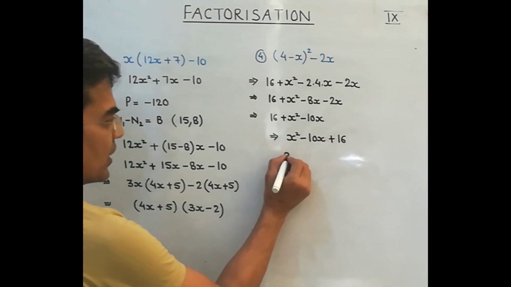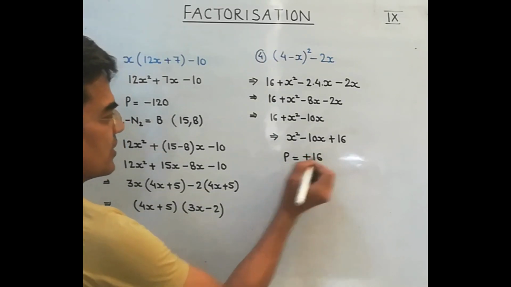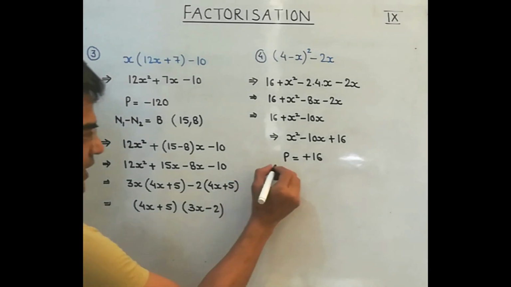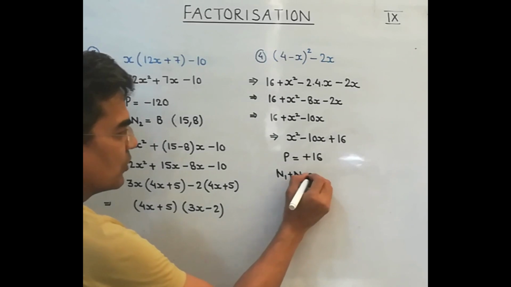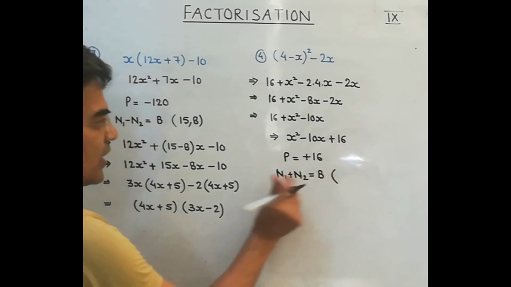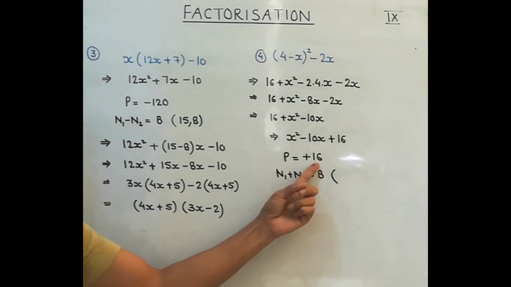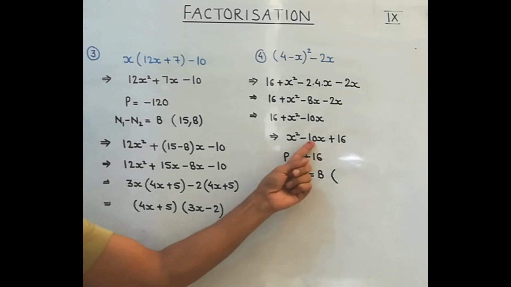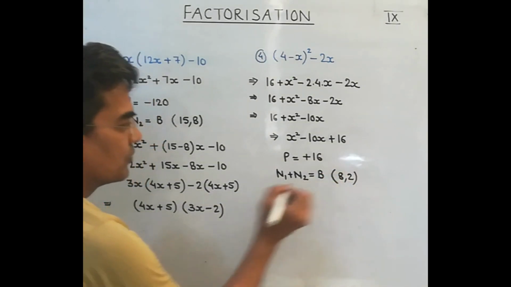So what will be the product here? The product here will be plus 16. Now remember, if the product is positive, then we should get the sum of two numbers equal to b. And how much is b over here? b is 10. So you have to get two numbers whose product will give you 16, but the sum of those two numbers should give you 10. And the two numbers will be 8 and 2.